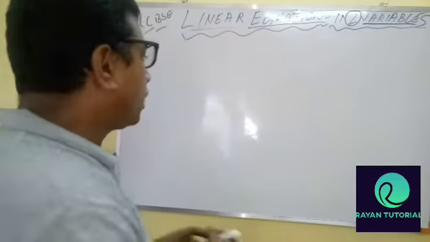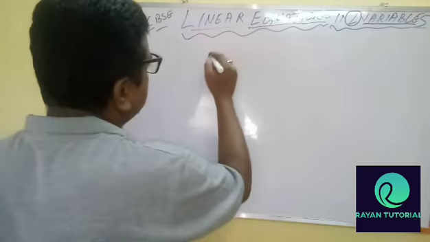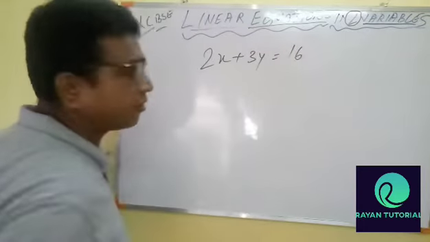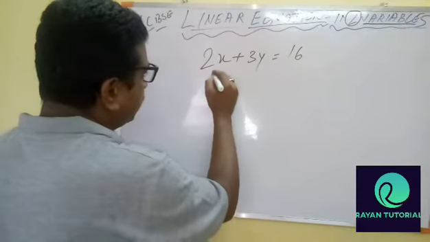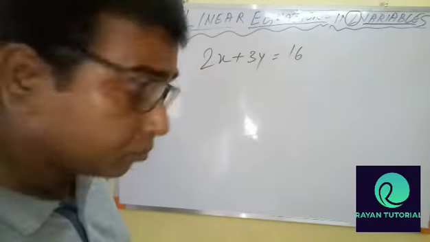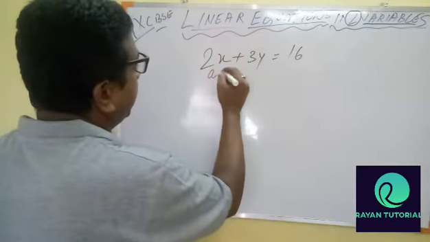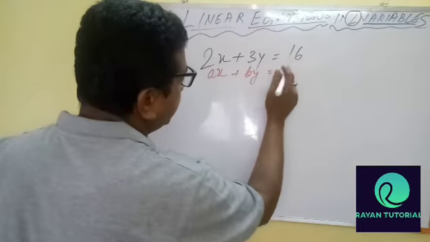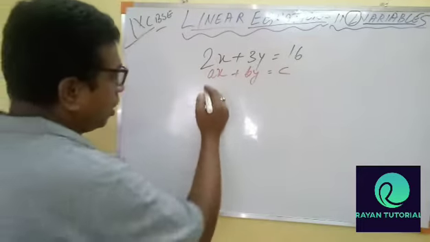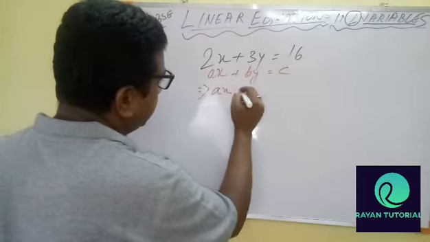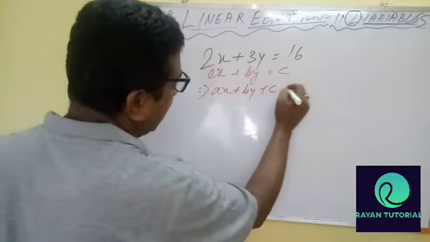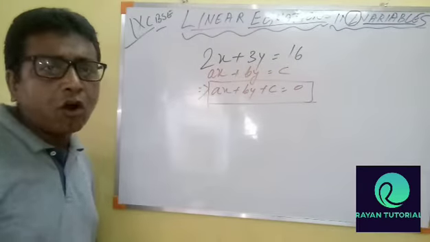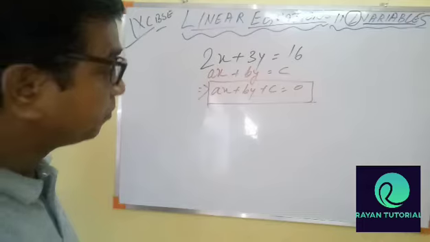One more thing I would like to say. I wrote 2x plus 3y is equals to 16, right? So the constant we call it like ax plus by is equals to c, or you can write ax plus by plus c is equals to 0. This is the standard form of the linear equation.